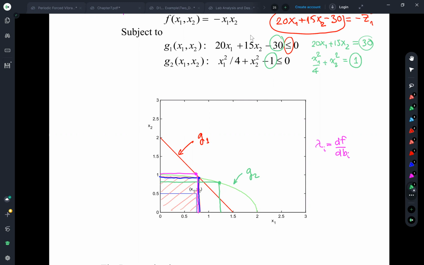Or on the other hand, if I increase the number BI for you from 30 to 31, 32, what's going to happen?